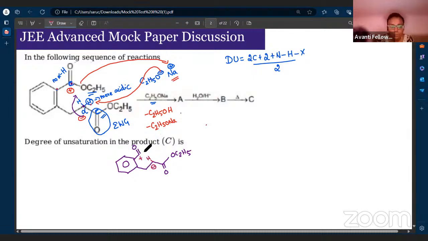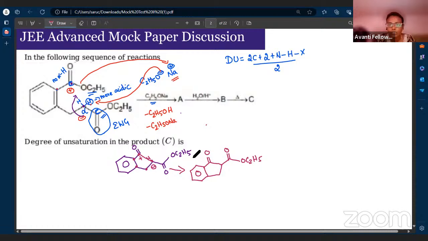Now these two will combine, so I can make a 5-member ring. See, this is a 5-member ring: 3, 4, 5. I have CO, CO, OC2H5, and I have a double bond over here. Clear with the step, everyone? Pooja, are you clear?